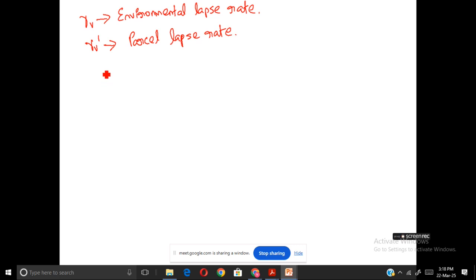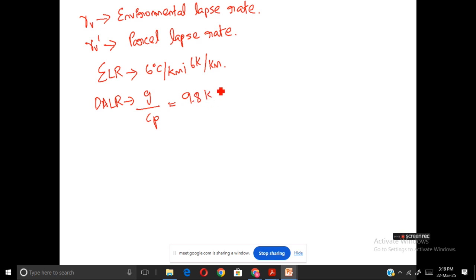We are already familiar with three types of lapse rate. The environmental lapse rate has a value of around 6 degrees Celsius per kilometer, or 6 Kelvin per kilometer. Then we know the dry adiabatic lapse rate, which is basically g by Cp, with a value of 9.8 Kelvin per kilometer.